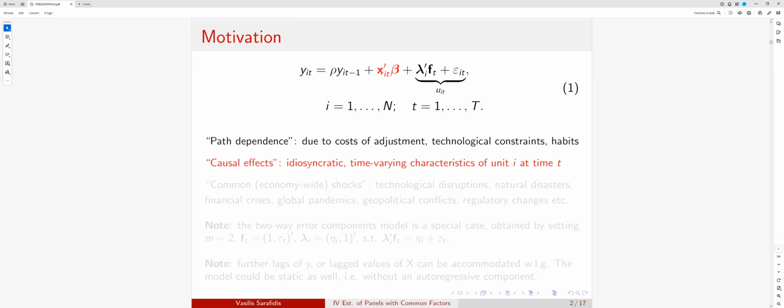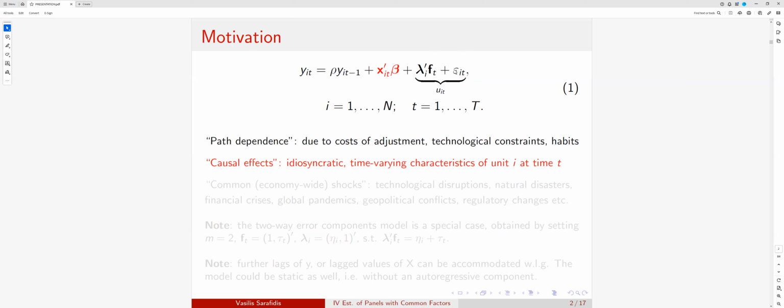The vector x contains k individual specific time-varying observed characteristics known as covariates. Model covariates are typically used to establish causal effects. Finally, the unobserved error term, u_it, is composite.